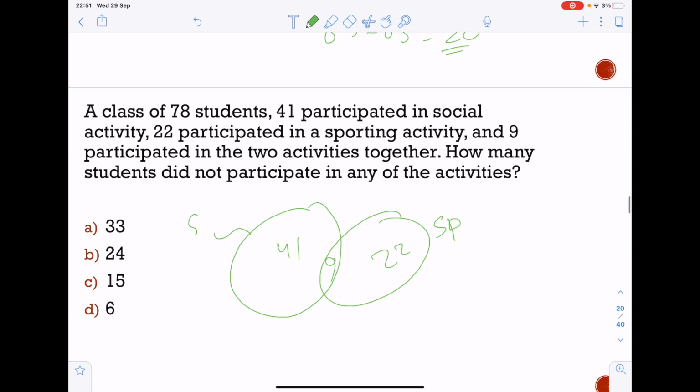So if we add all the students, 41 plus 9 plus 22, 41 plus 9 is 50, 50 plus 22 is 72. But here the total of the students is 78. So we have 6 students who are not in any of the activities. So this is the answer.